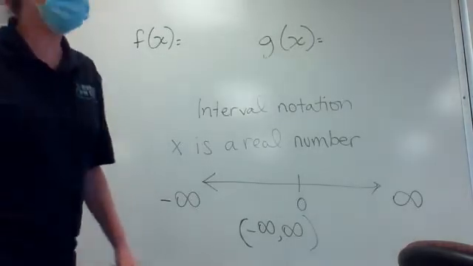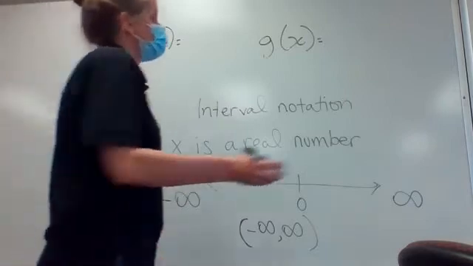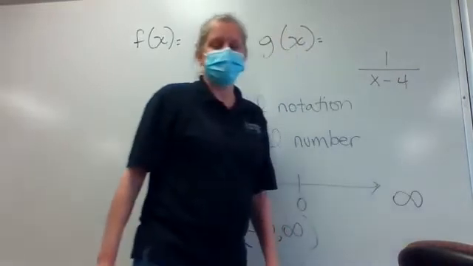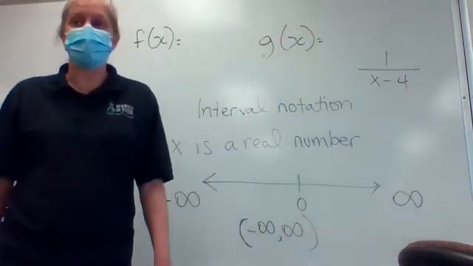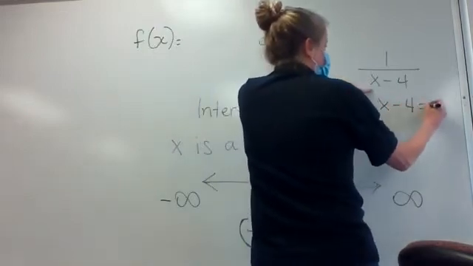Okay, but what if you do have a restriction? Let's say X is a real number, but let's say your answer ended up like that. You would have a restriction in your domain, right? Because what can X not equal?